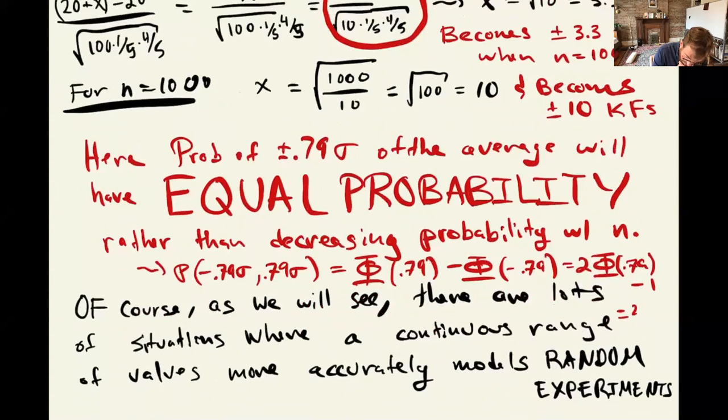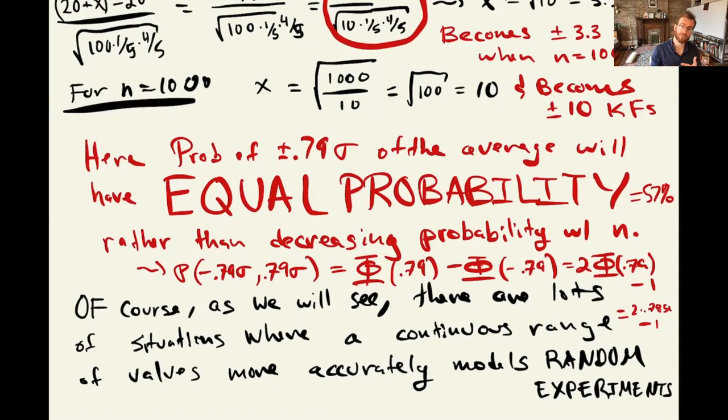This equals 2 times 0.7852 minus 1, which if I put into the calculator, 2 times 0.7851 minus 1, ends up actually being closer to 57%. And that probability is now scale free, because I've adjusted my language to reflect the underlying units, which corresponds to the number of kickflips that I'm actually trying.